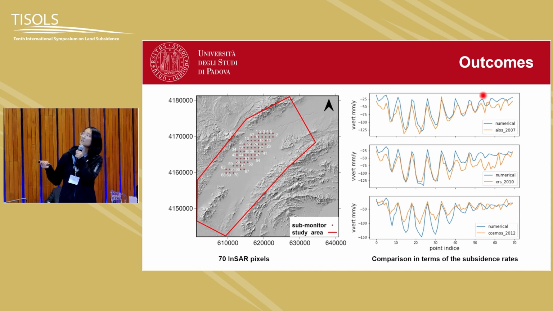Although there is some underestimation over the area of clay, the numerical model is pretty close to the SAR measurements in the first 2 plots. But after 2010, the SAR images indicate a deceleration of subsidence, which is not captured by our coupled model. But in general, this result seems satisfactory.